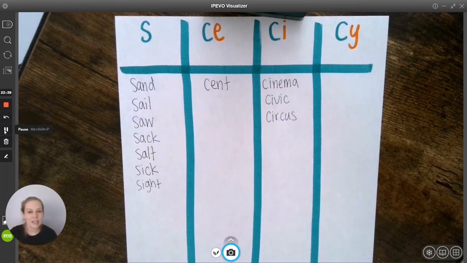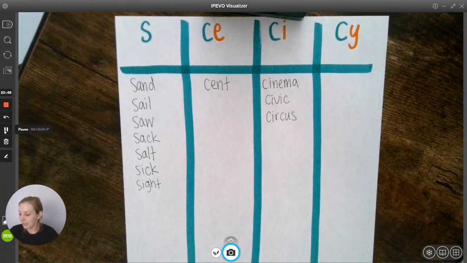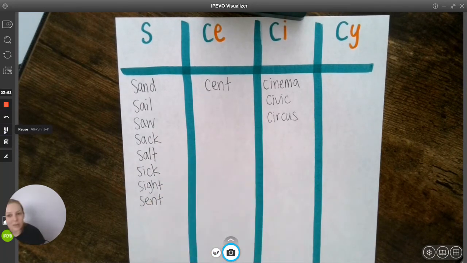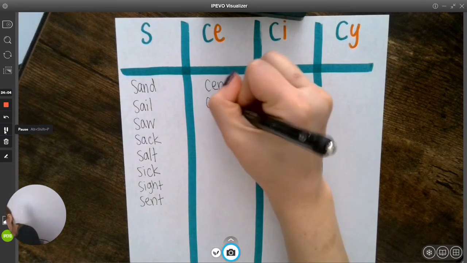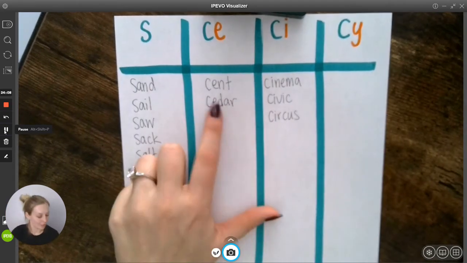That is spelled with a C. All right, what about sent, as in I sent her a letter? That is with an S. And what about cedar? Cedar, it's a type of tree or wood. That's with a C. I have a nephew named Cedar.